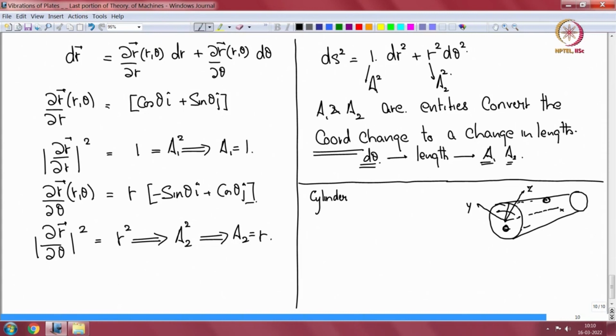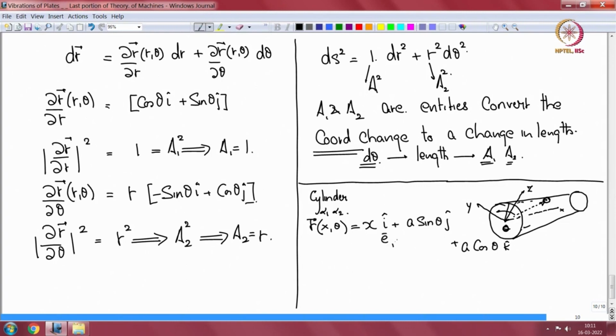So let's see how we describe this particular point. That is now parameterized in terms of x and theta. Those are my alpha 1, alpha 2. So R is equal to x i hat plus a sine theta j plus a cos theta k.